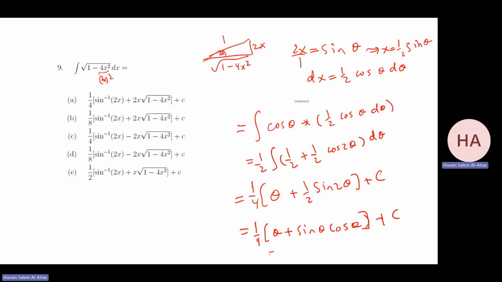What I need is theta. Theta from here is sine inverse of 2x. Okay, that will be sine inverse of 2x. What is sine? Sine is 2x. And cosine is square root of 1 minus 4x squared. Yeah, everything times 1 over 4.